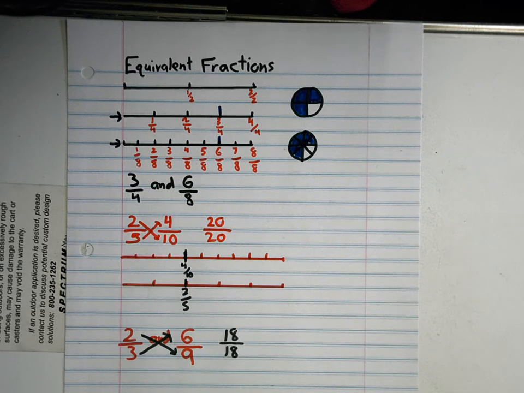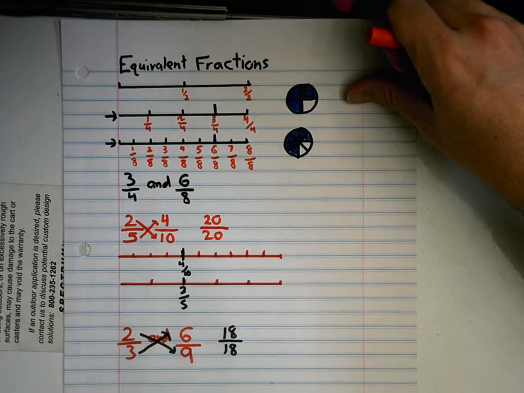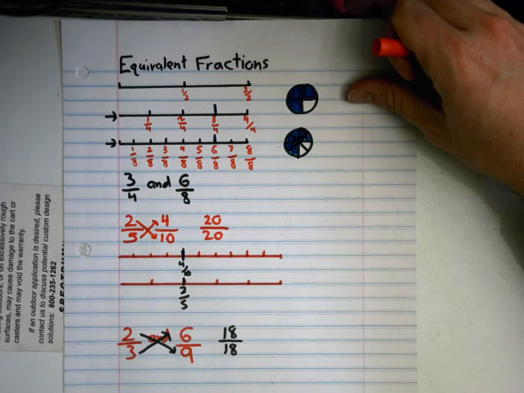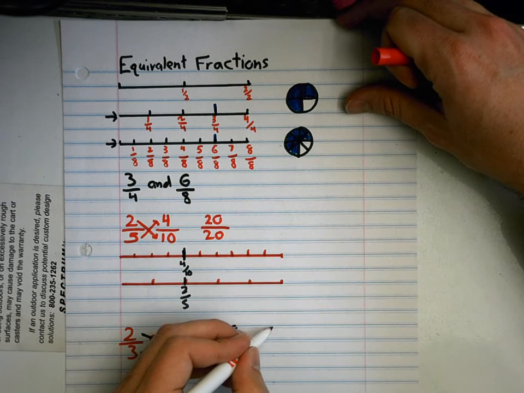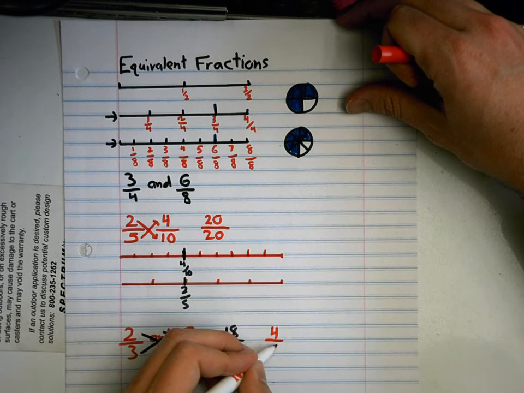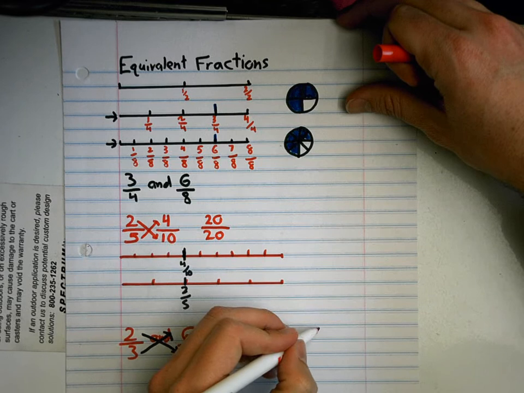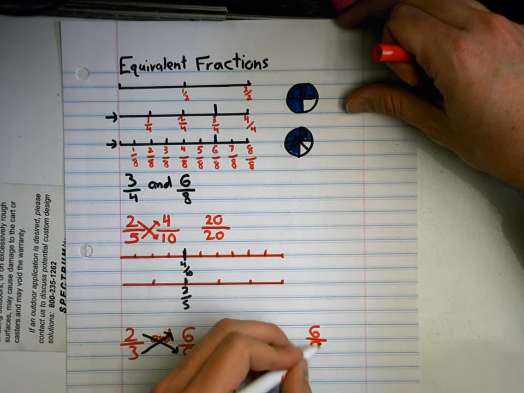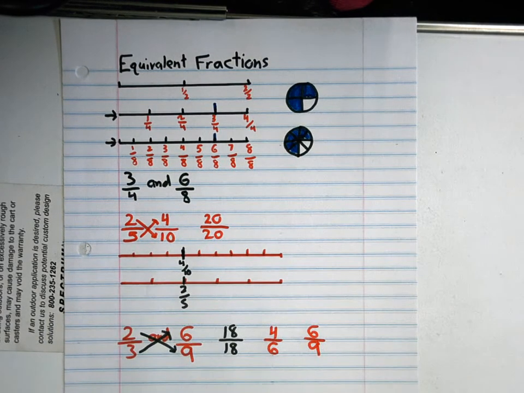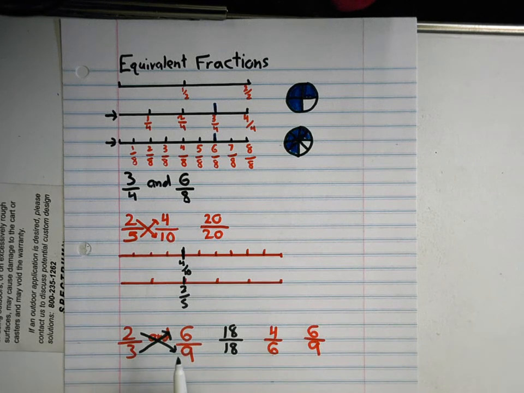Here's another one that you really have to cross multiply, which is equal to one of these. If I did 4/6 and 6/9, these are going to be equivalent fractions, but I can't just double it, triple it, or anything like that.